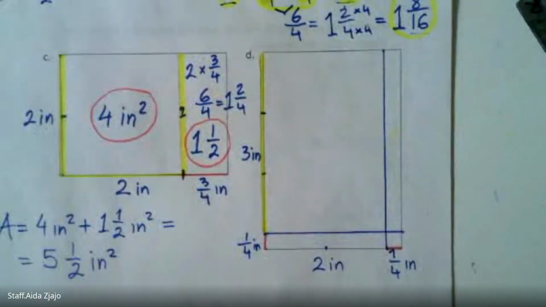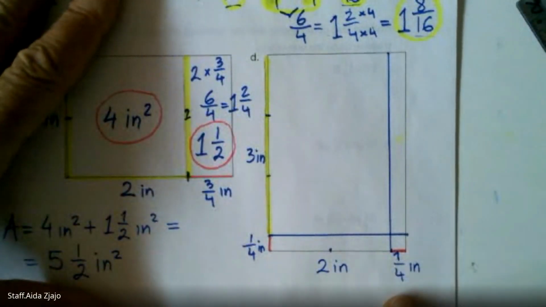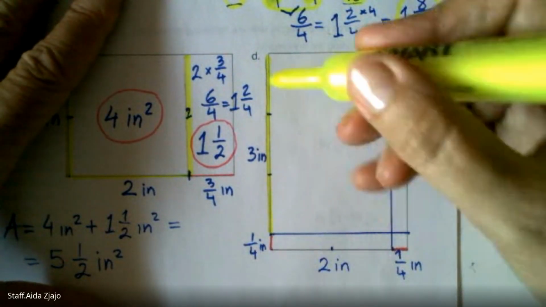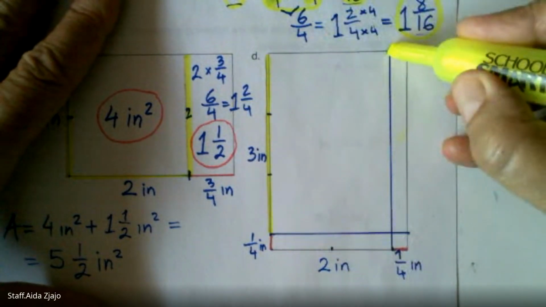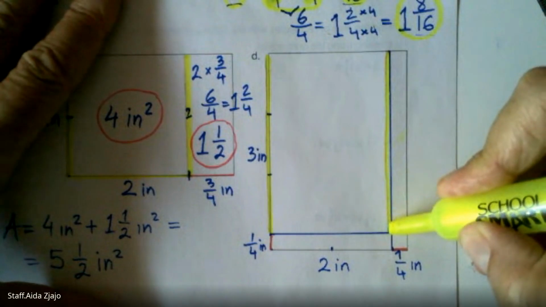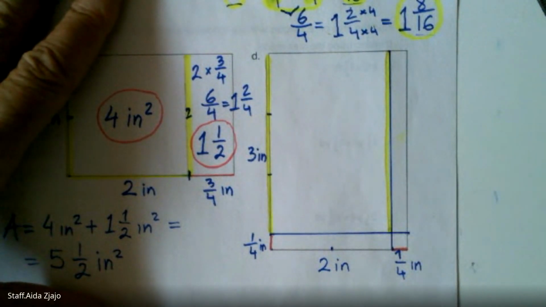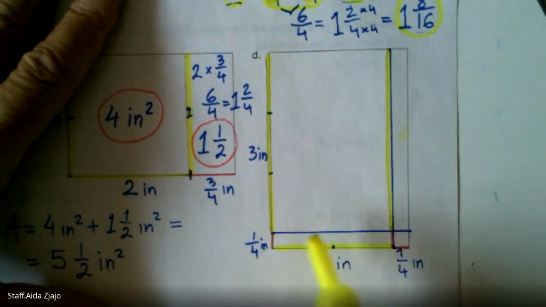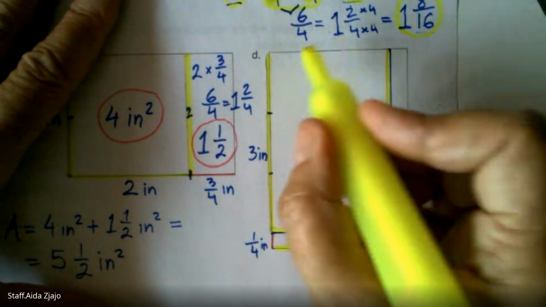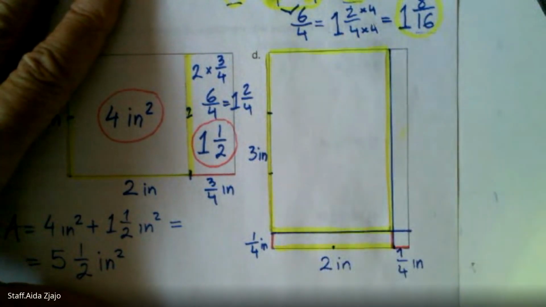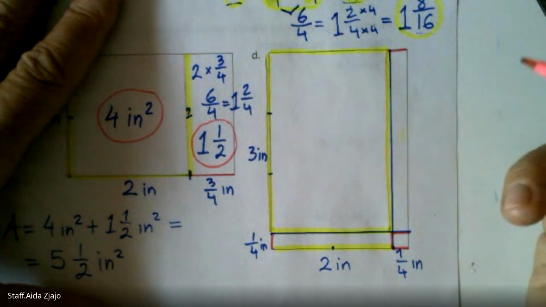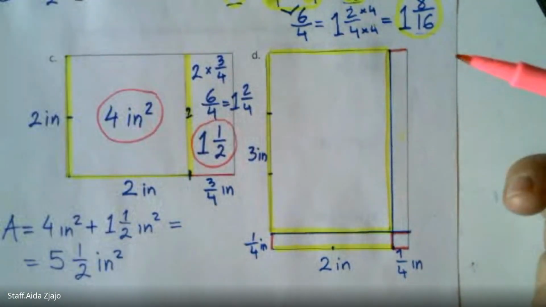Okay, so we measure 2 1/4, and we measure 3 1/4. Because this is 3 1/4, so is this one right here. If this was 2 inches, so is this line, so is this one here, or if this was 1/4, so is this one, so is that one. So you only need to find the length and width either way.